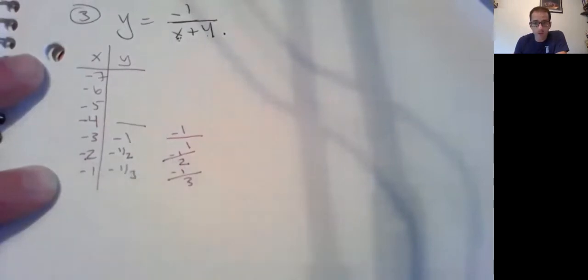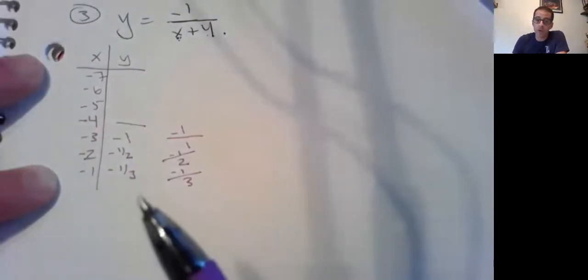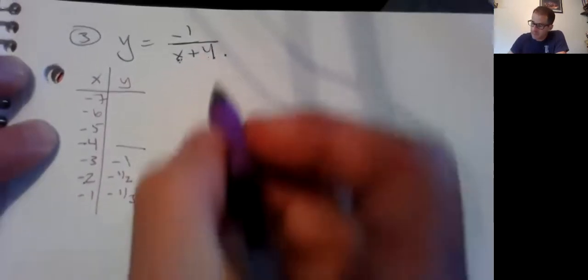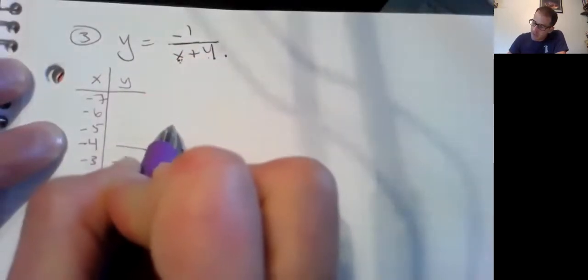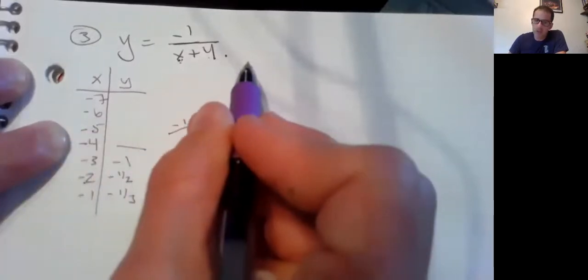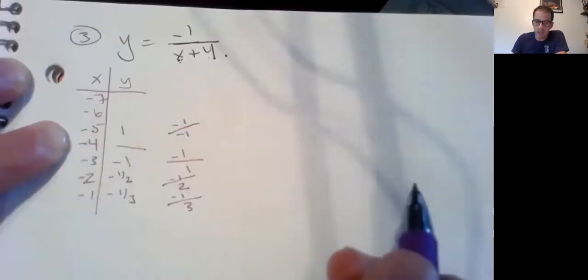You can check this on a calculator. Be careful. If you're using the whole denominator, use parentheses. I prefer you just try to do it in your head so that you don't make a mistake on the calculator. Okay, let's plug in -5. We get -1 over -5 plus 4 is -1, and a negative divided by negative is positive.